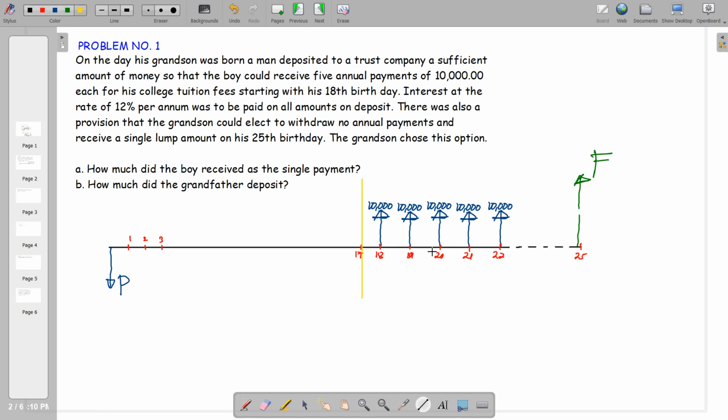Say this is the period. Of course, we will terminate up to the range of your annuity, which is this one. So we're going to have a forward calculation here.